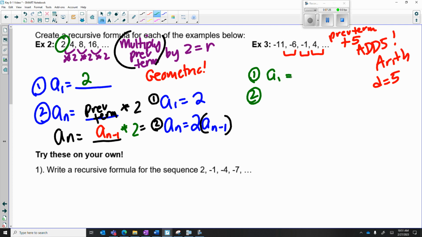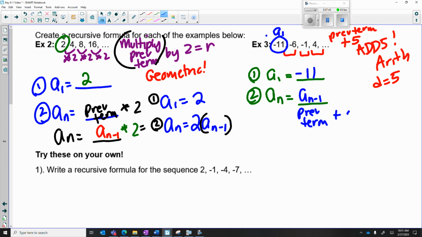Piece 1 is a1, and then piece 2 is the A n part. The first term was a1 equals negative 11. So this is saying start at negative 11. And then we're going to do previous term plus 5. Now we're done.